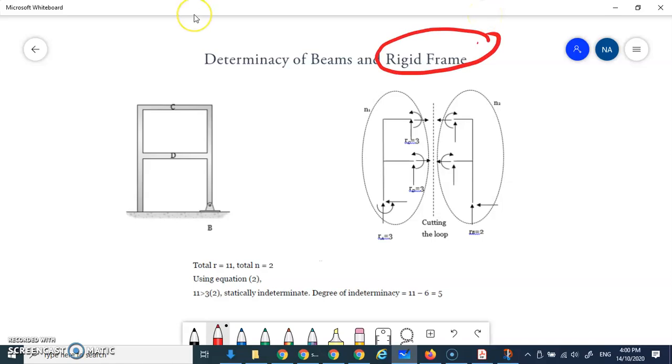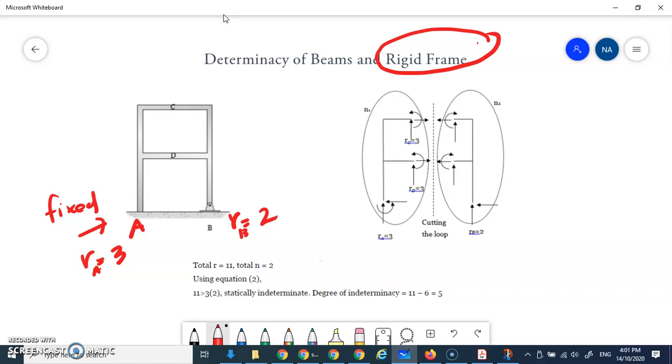Okay, so this at this point will become A. Okay, A, B and C, D. Okay, so this will have a fixed support. So fixed will have RA is equal 3. Okay, 3 reactions at A. So RB is a pin. So pin will have 2 reactions.